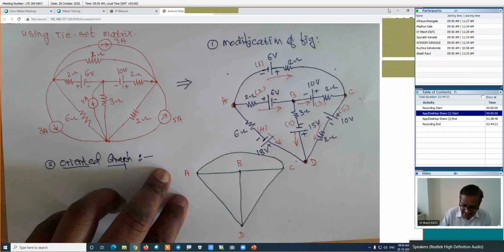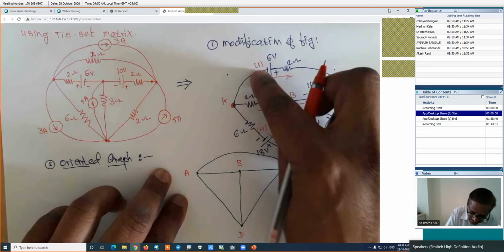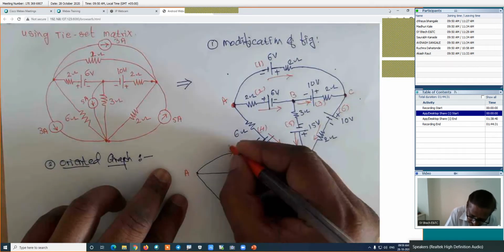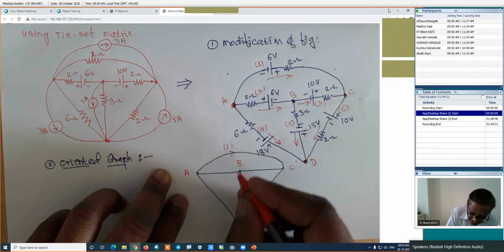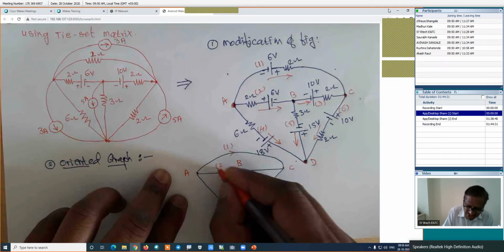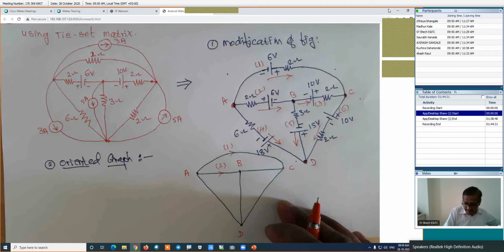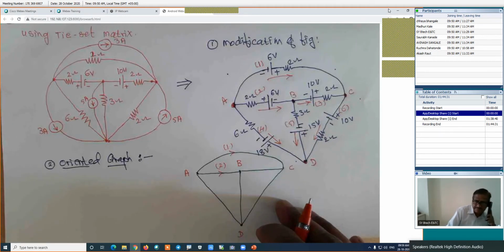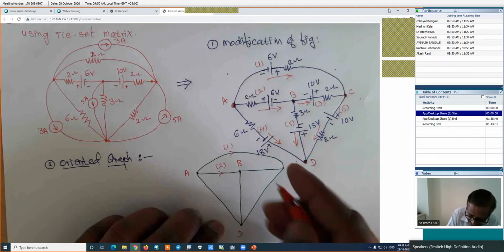I will show the directions also. Here, this is forward, which is branch number 1. This is branch number 2, its direction is forward. Another branch we have is branch number 3. Its direction is again forward.